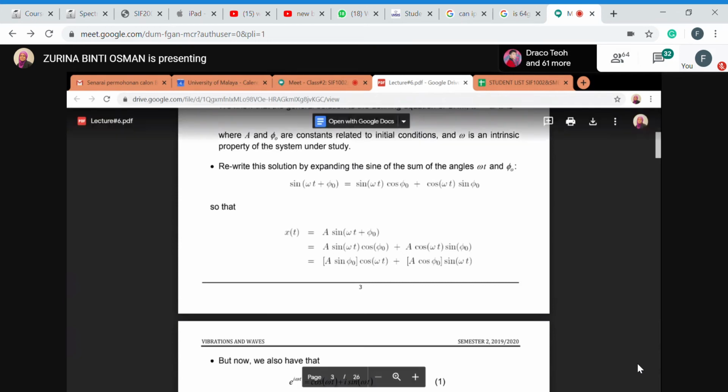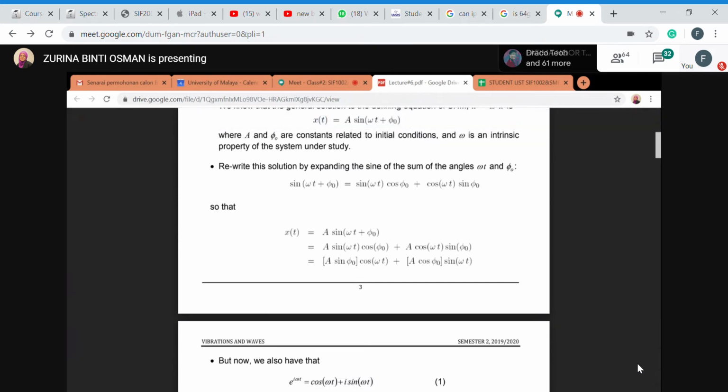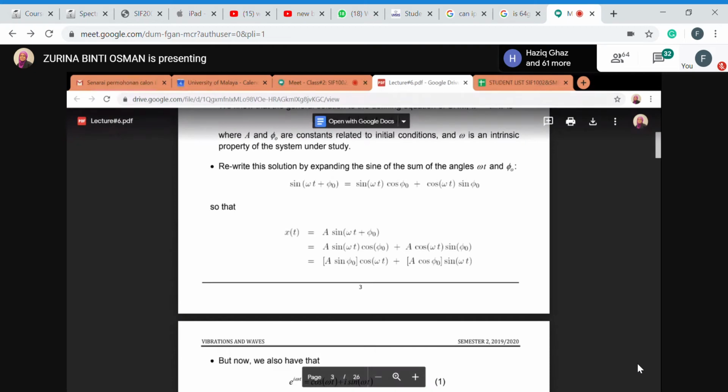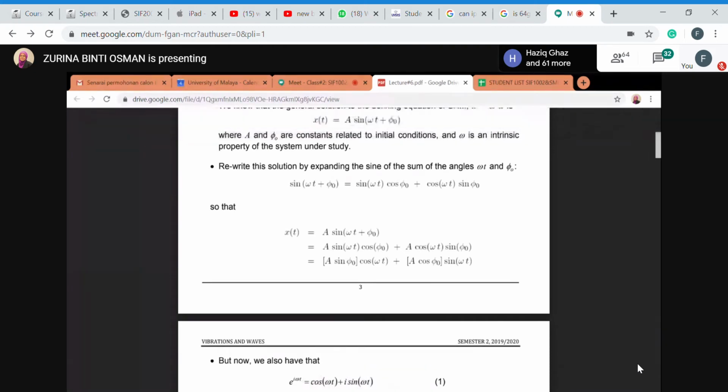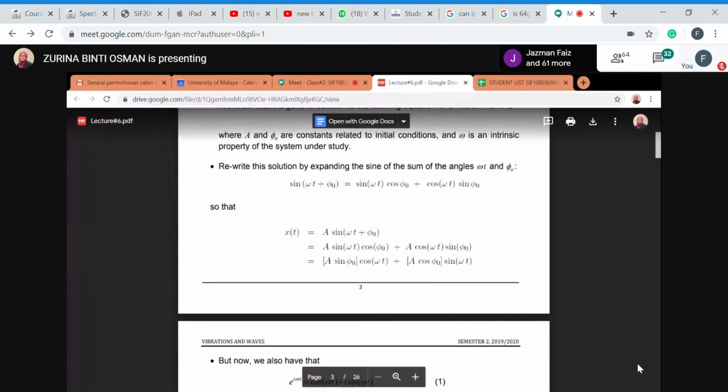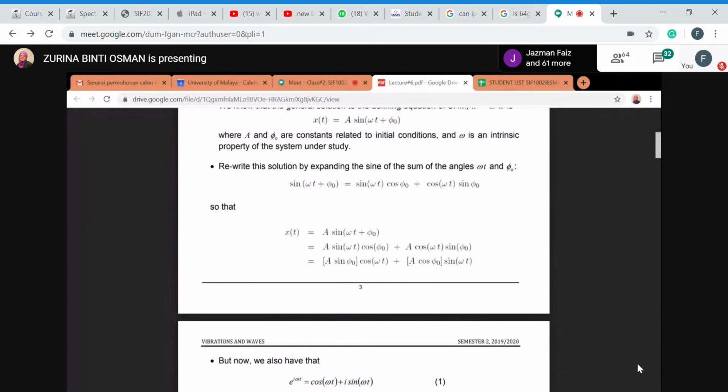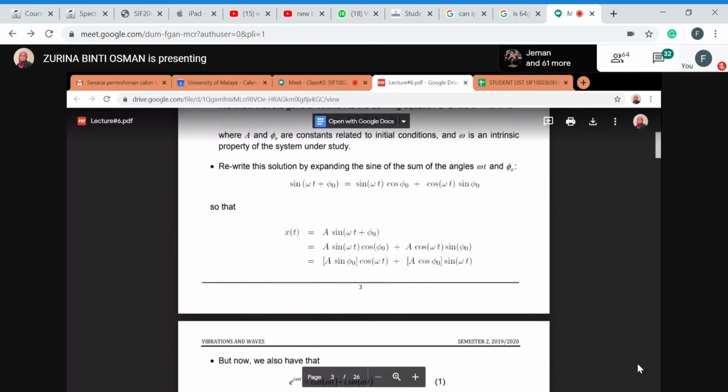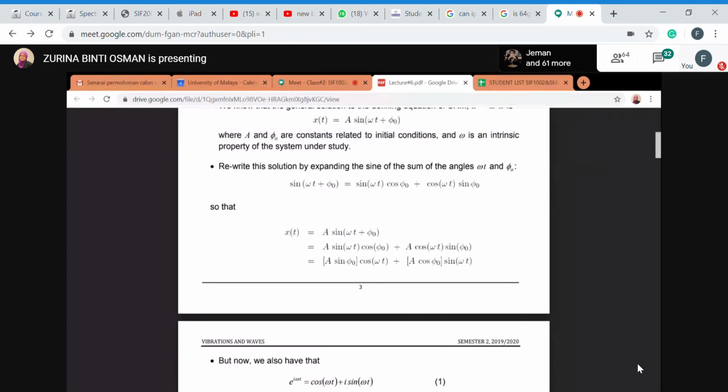So now x equal to A sin(ωt + φ0) is again equal to this, and you can rearrange this in such a way, putting sin ωt here, then this is the sin φ0, and here is the cos φ0.